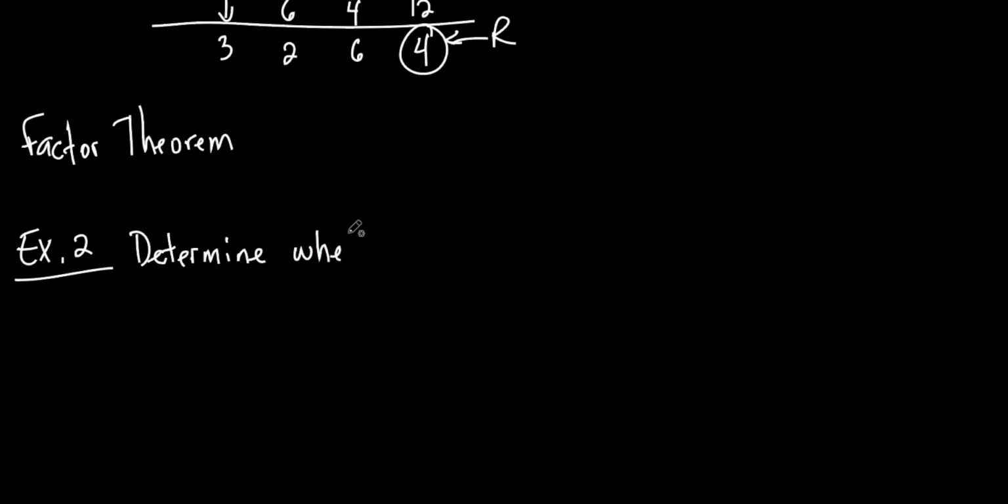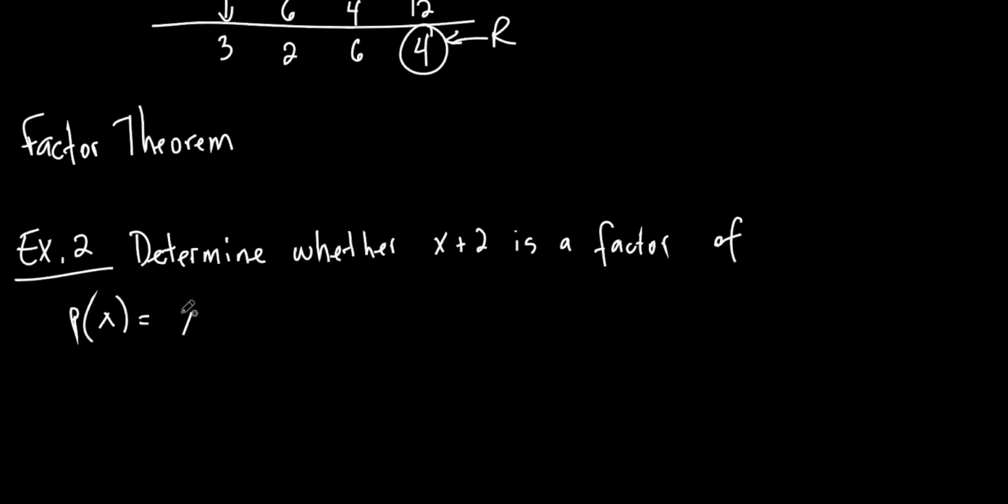Determine whether x plus 2 is a factor of this polynomial. I'll put it down here. P of x equals. So I'm not really factoring it just yet. I just want to see, is x plus 2 a factor?